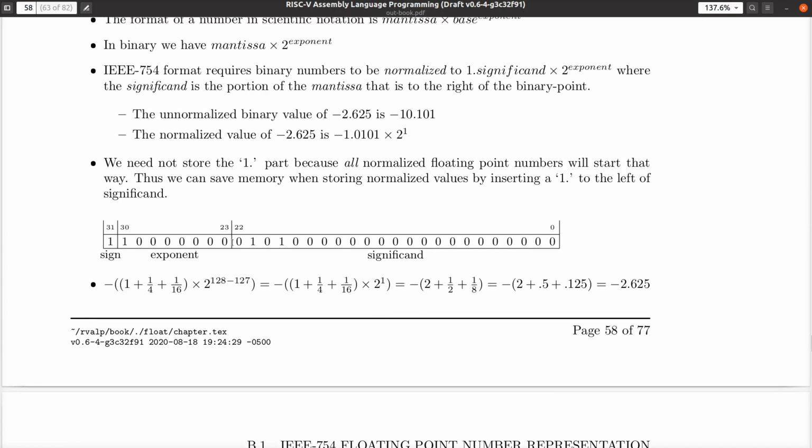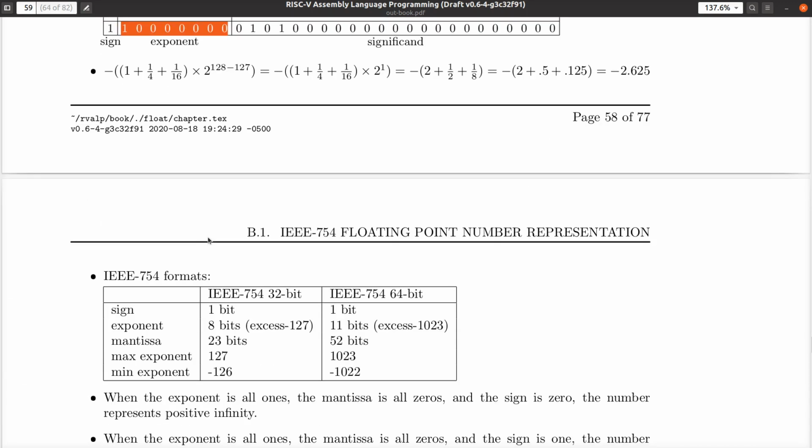So what about this exponent? What the heck is this? That's supposed to be 2 to the first power. How the heck is that supposed to work? Well, this format is referred to as excess 127, and in double precision, the exponent is bigger, and it's excess 1023.